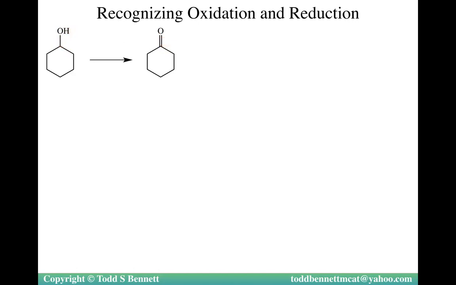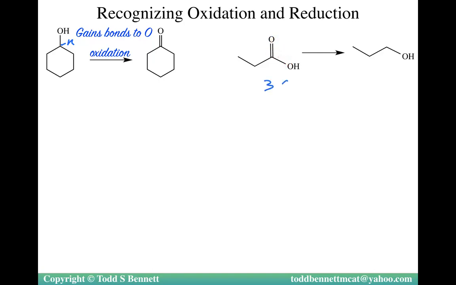So notice I'm also losing a couple of H's, making oxidation. So it gains a bond to O, and it lost this bond to H right there. So oxidation. This reaction, I start out with 3 bonds to O and 0 C to H bonds.